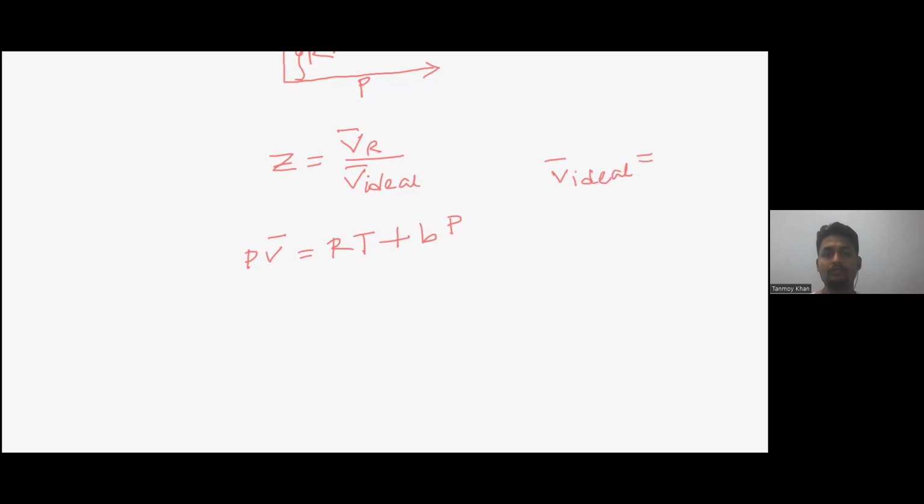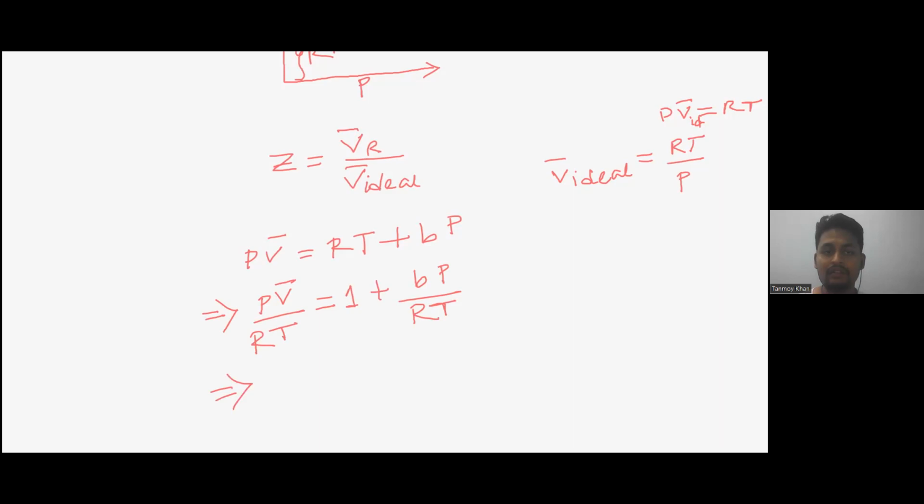V bar ideal means RT by P. So if you divide this by RT, this equation will become PV by RT equals 1 plus bP by RT. So this RT by P equals V ideal. That means P by RT means 1 by V ideal. So just replace this.